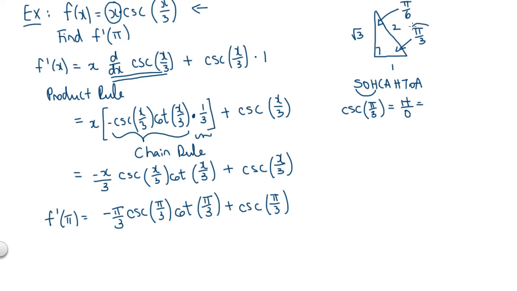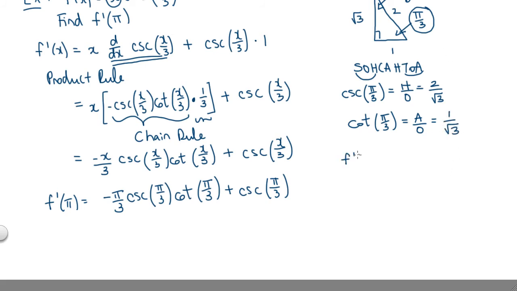Okay, and if we grab our angle pi over 3 here, with respect to this angle, the opposite side is root 3 and the hypotenuse is 2. So we get 2 over root 3 here. To get cotangent of pi over 3, well, let's remember that tangent is opposite over adjacent. So that means cotangent is going to be adjacent over opposite. And again, looking with respect to the angle pi over 3, the adjacent side is 1, the opposite side, root 3.